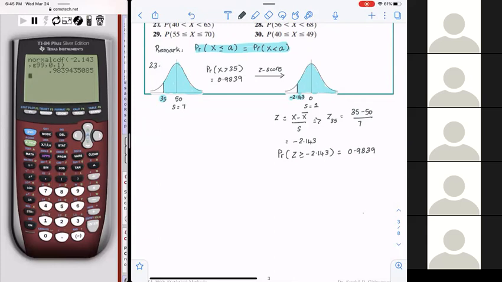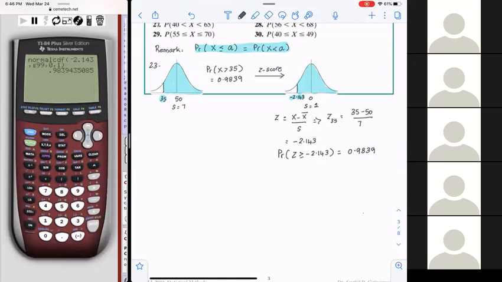So again, you may ask me, well, why do I have to convert it to a z-score, then find the probability? This practice was in place back in the day before calculators became a thing. We used to make use of tables, and the tables were generated for z-scores and not for normal distributions with varying means and standard deviations. So back then, when we did not have the technology, the only way to solve a problem like this was to first convert the given x value to a z-score, then go back to the table.